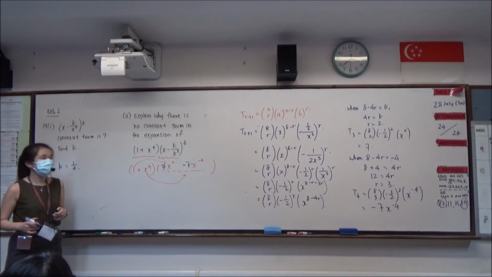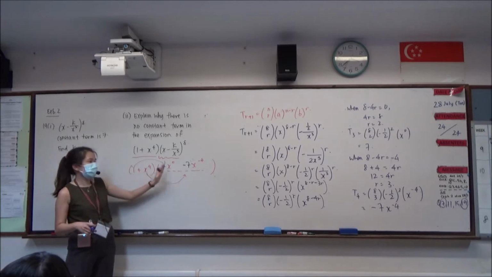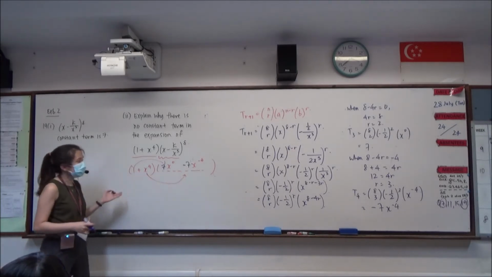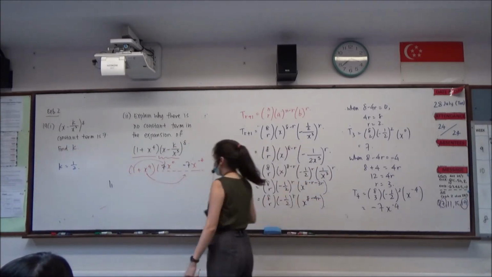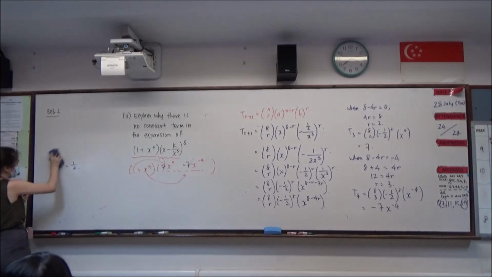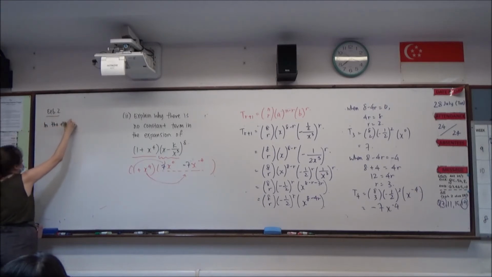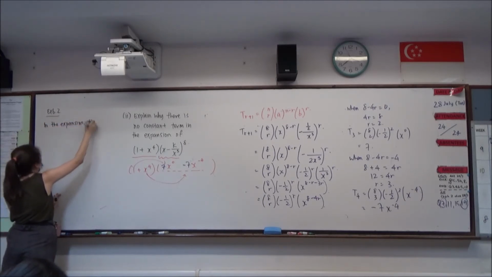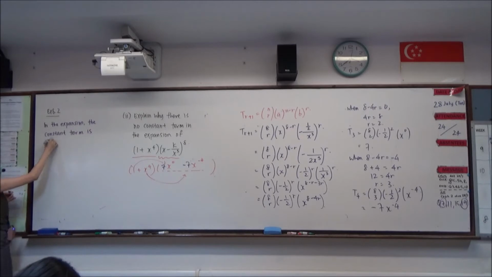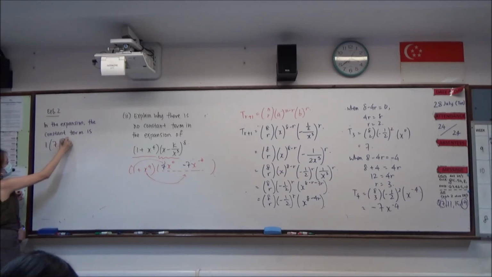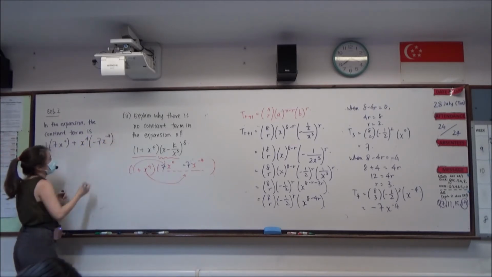So what arises is that we get 1 times 7x to the power 0 and x to the power 4 times negative 7x to the power negative 4. When that multiplies together, if I were to continue my work on this side of the whiteboard, in the expansion, the constant term is 1 times 7x to the power 0 plus x to the power 4 times negative 7x to the power negative 4.